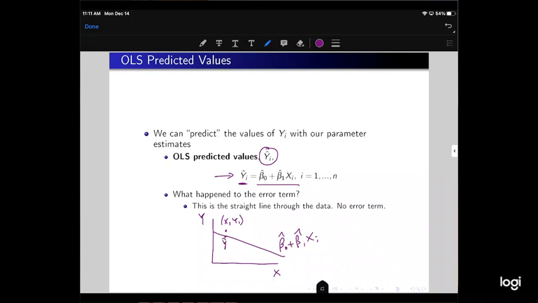So this is going to be y1 hat. So we're removing the error term u1 hat, and we're talking about the actual predicted values, the values of y that fall on this line, not the data points, but the values that fall on this line. We're going to go through this in more detail later on in this lesson.